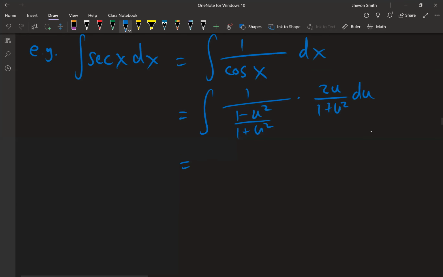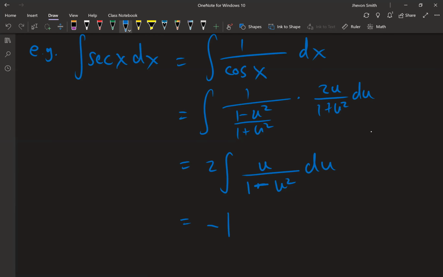This is actually going to give you 2 times u over 1 minus u squared du. This you're going to realize is minus 2 ln. It's actually going to be just minus ln. Let's see. This is actually going to be minus the integral.